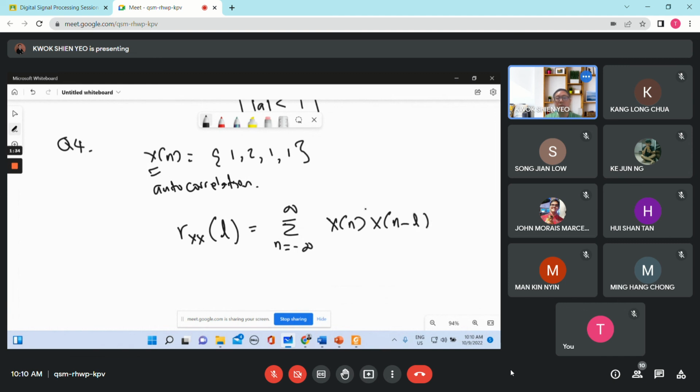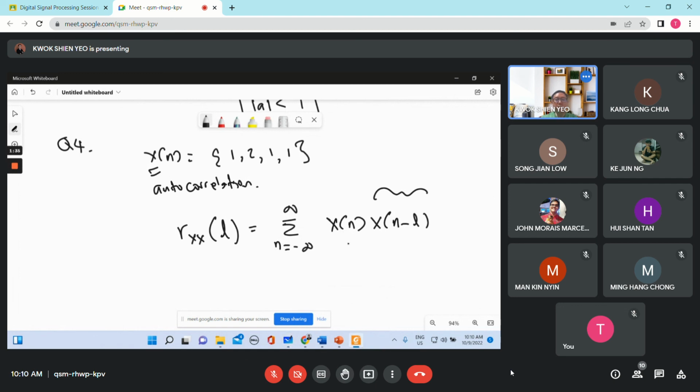You see that autocorrelation is very similar to the convolution sum, just that the second term, the sliding x, moves as n changes. There are two variables here, n and l. It's not folded.